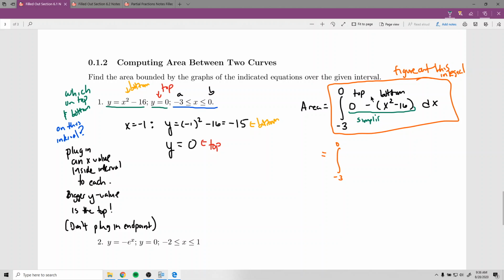It doesn't matter if there is just a zero here. It's important to simplify the inside first. It makes integrating much easier. So the zero is nothing. Distribute the negative sign through, and we get negative x squared plus 16 dx.